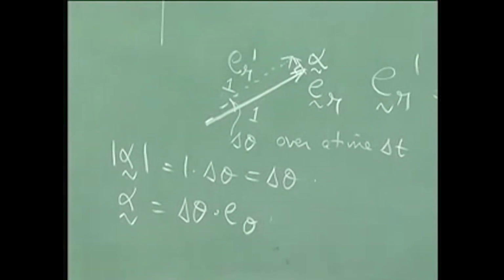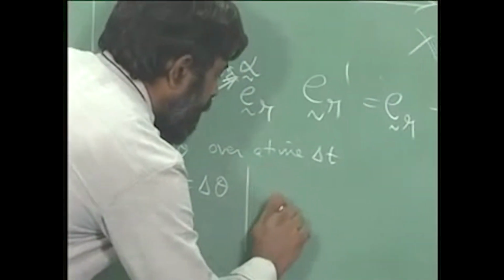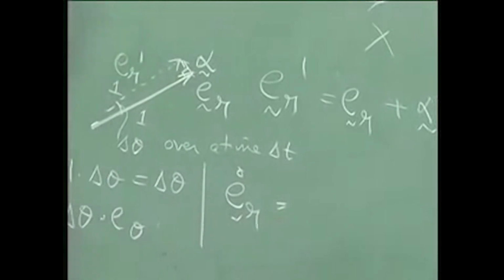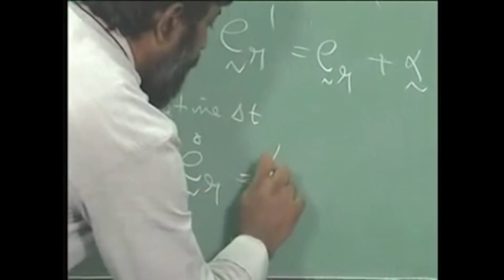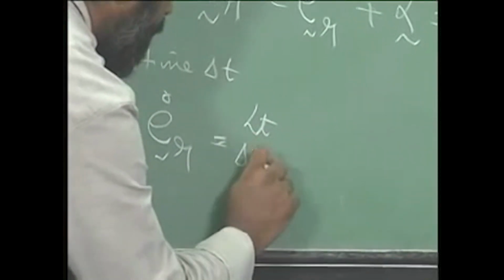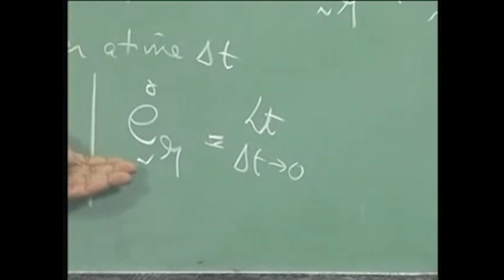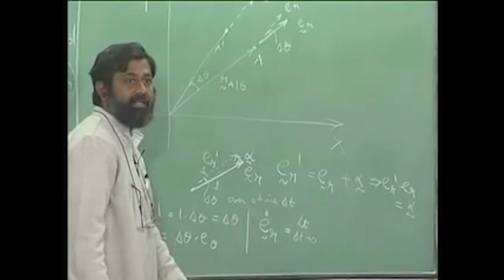okay. And what is the rate of change of this vector ER? It is nothing but limit as delta t tends to 0, whatever change has occurred to ER divided by delta t.